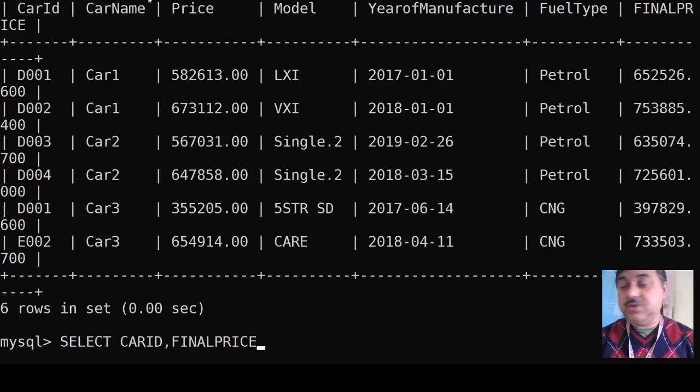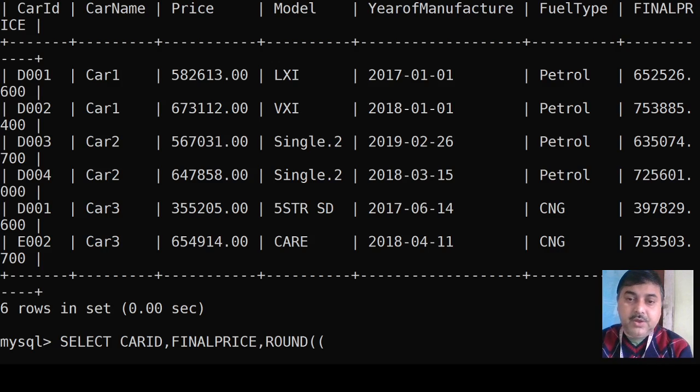After taking the car ID and final price, we need to make a round figure. So how will we round off? ROUND, then we open a bracket, again one bracket, because we see that a minimum of 2 brackets is required.